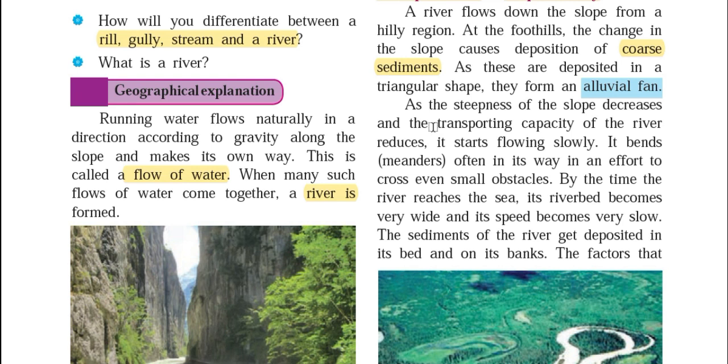As the steepness of the slope decreases and the transportation capacity of the river reduces, it starts flowing slowly. Steepness means the slope of that particular terrain. When the river enters the plain region, the plain has a very gentle slope, it is not very steep, so steepness is reduced and therefore the transportation capacity of the river is reduced. It starts flowing slowly, it bends, meaning it meanders often in its way in an effort to cross even small obstacles.